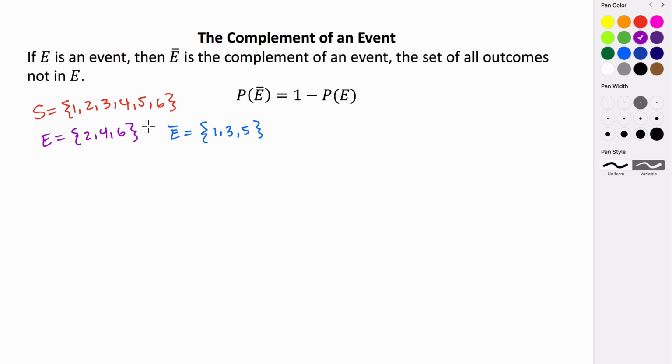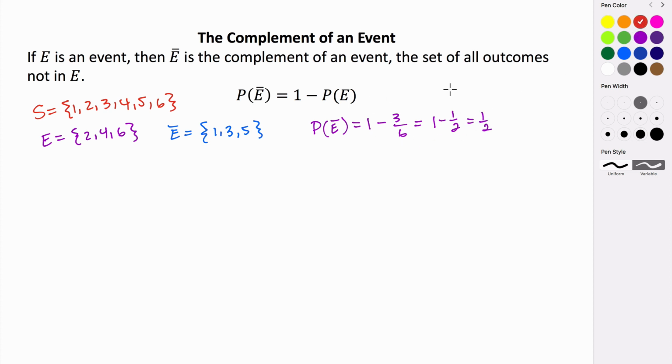But if we're calculating the probability, we can do it one of two ways, right? So the probability of the complement is equal to 1 minus the probability of the actual event, which is 3/6, which ends up being 1 minus 1/2, or 1/2.